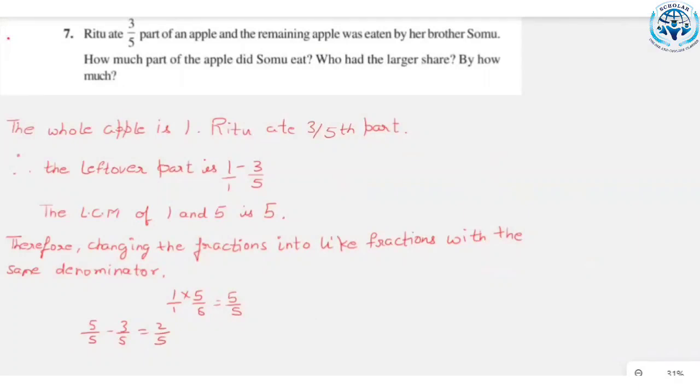The leftover part of the apple is 2 by 5. This is the share of Somu.